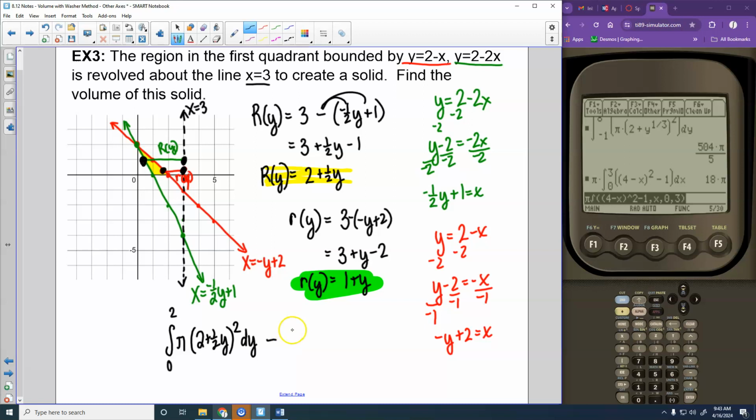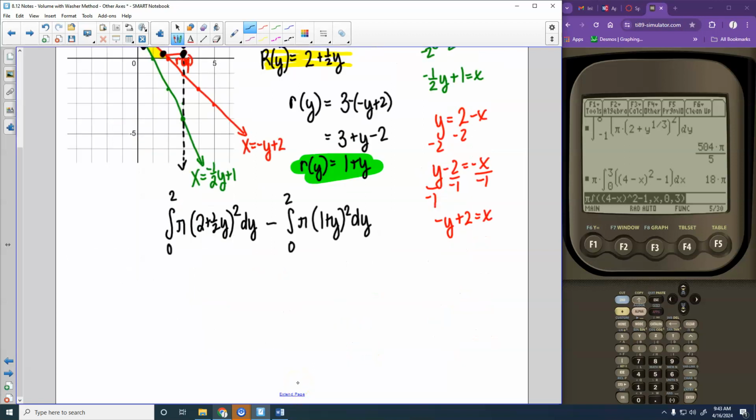And then we would subtract, same limit, 0 to 2, pi inside radius 1 plus y squared dy. A lot of times you'll see this put together. So if it's put together, the pi can be pulled out front. Just use one integral, and you'll have 2 plus 1/2 y squared minus 1 plus y squared dy.